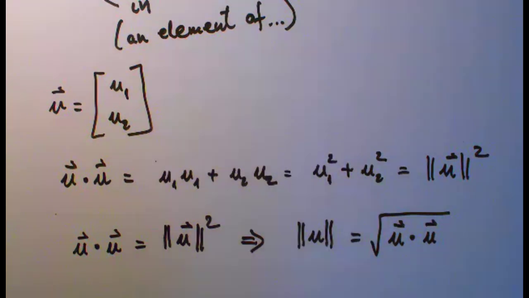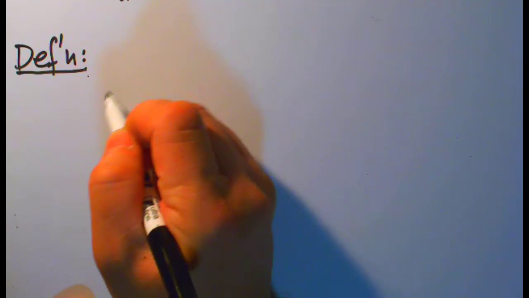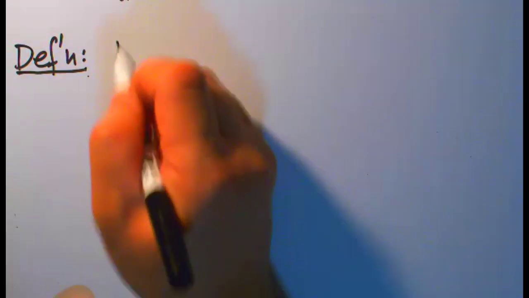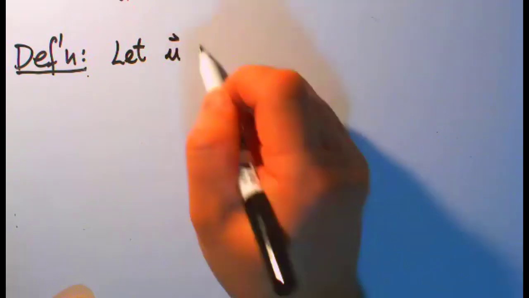And so here in this class, we are going to define how to find length entirely based on the dot product. Let u be a vector.